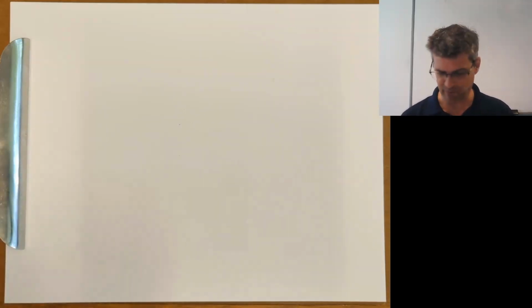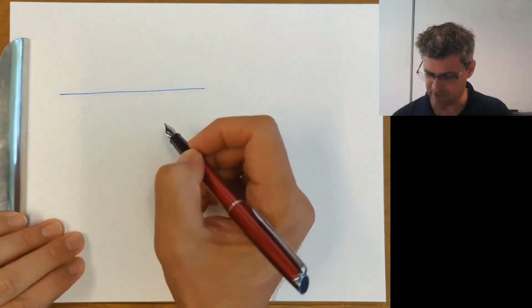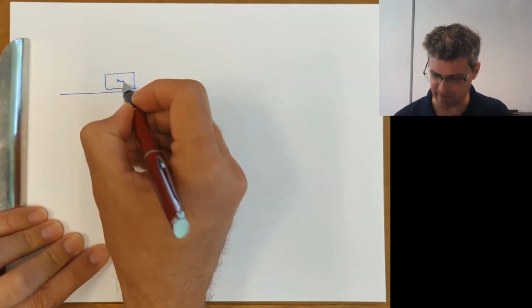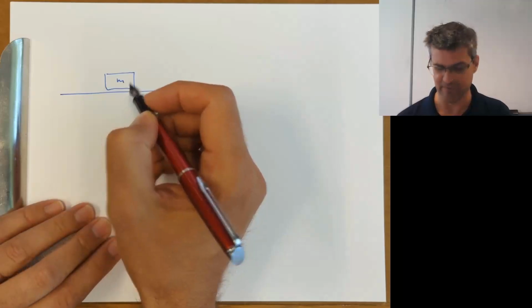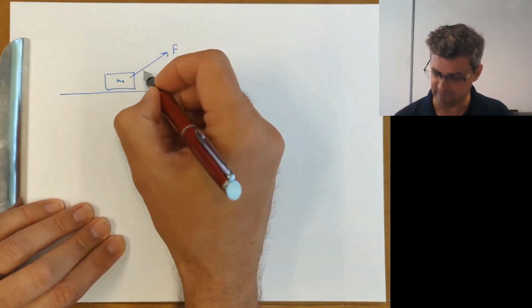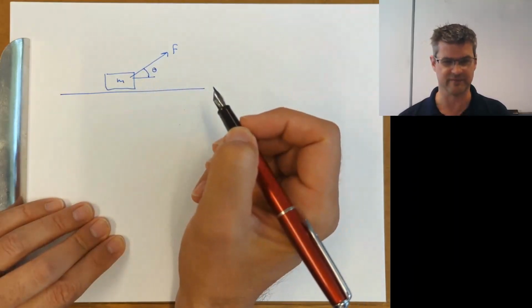The first one I'm going to look at is, let's say we just have a plane. We have a block sitting on the plane. This block has a mass m, and I'm going to put a force on it at some angle theta with respect to the horizontal.